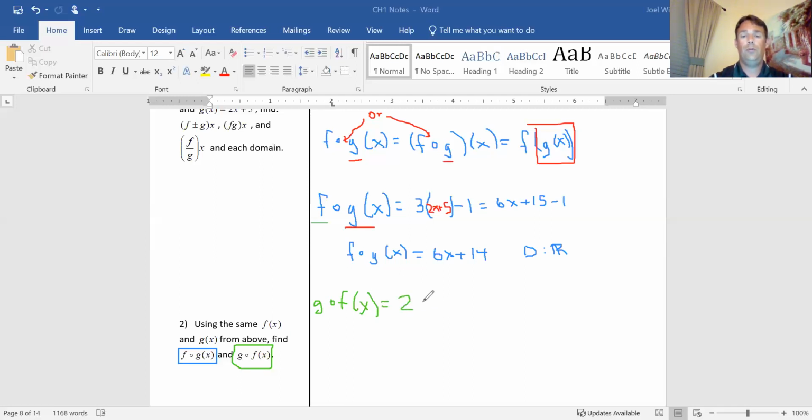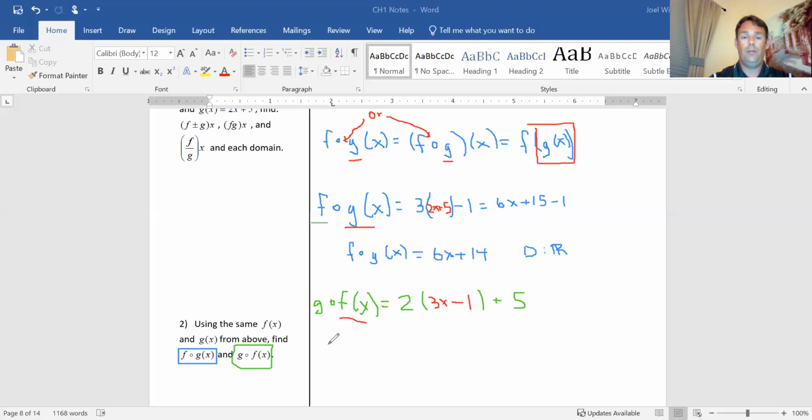So 2, in place of the x, I'm just going to put parentheses, plus 5. So I start with my outside function, and then I'm going to take my inside function, the f function, and plug that in for x on the g function, the outside function. So 3x minus 1.